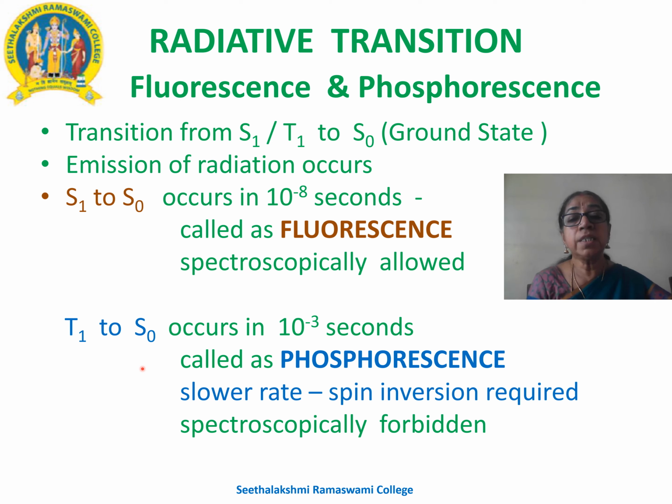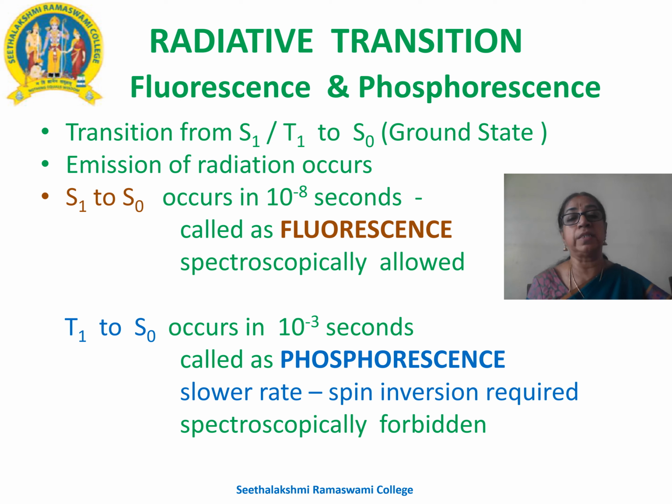This spin inversion requires more time, so phosphorescence is said to occur in 10 power minus 3 seconds. But this transition is said to be a spectroscopically forbidden transition.